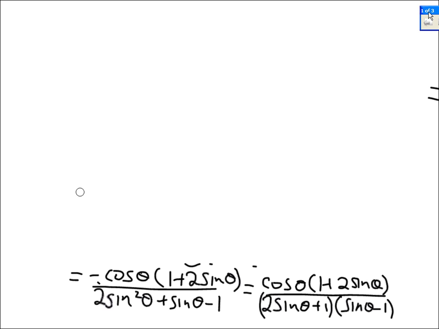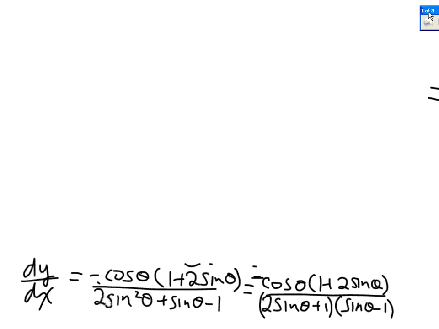So we now have dy/dx. We have a horizontal tangency where the numerator is 0 and the bottom is not. And we have a vertical tangency where the bottom is 0 and the top is not. So let's see where the top equals 0. And I guess there's a typo there.